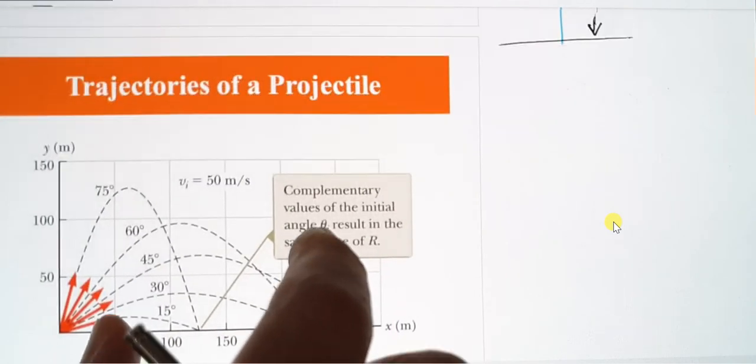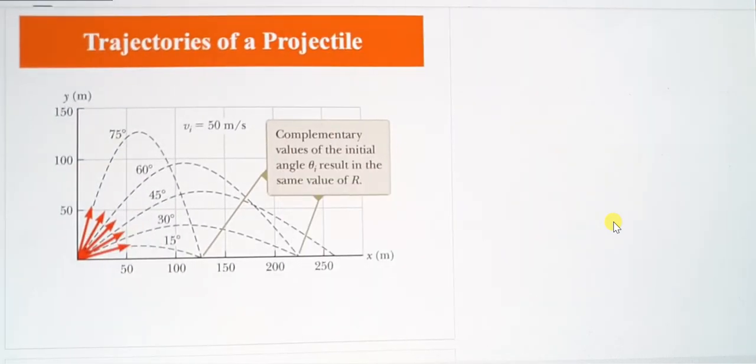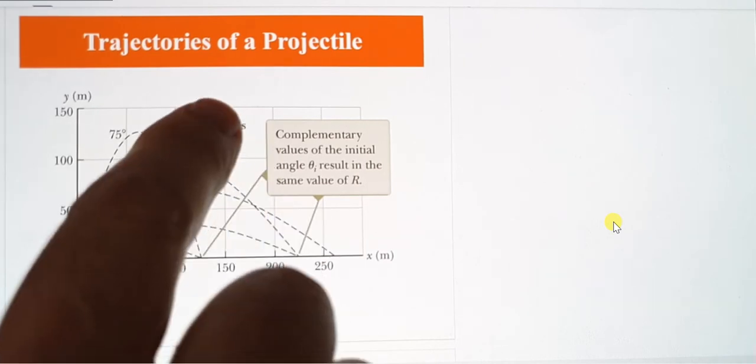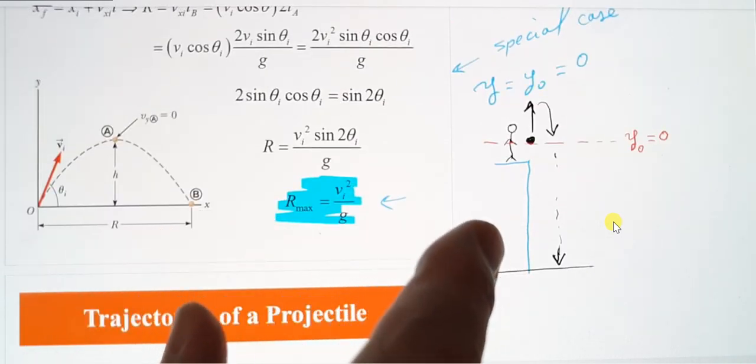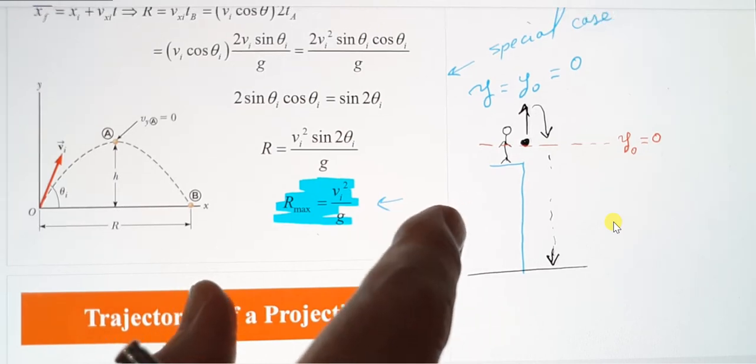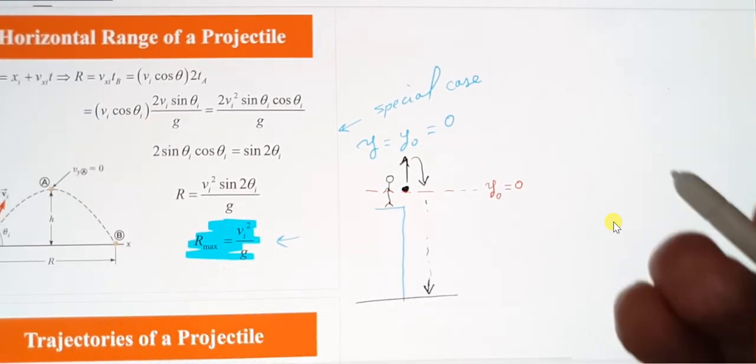Doctor, it won't make a difference if it lands at the same level as it started. Where's the special case in what we just took? Because it's the same thing as chapter 2. No, it's not the same thing as chapter 2. It's different.